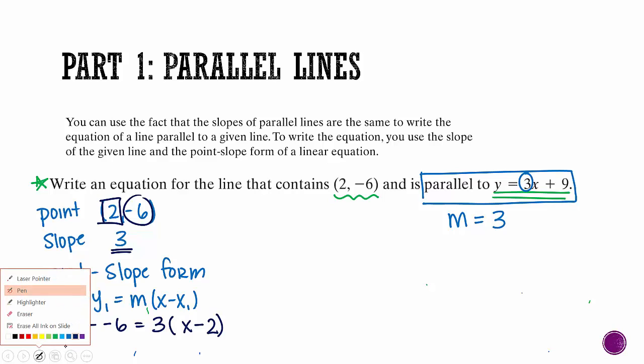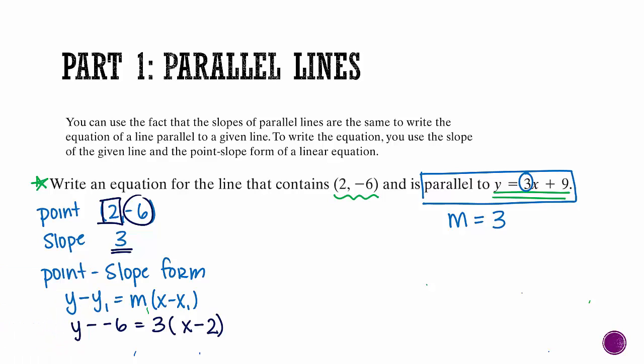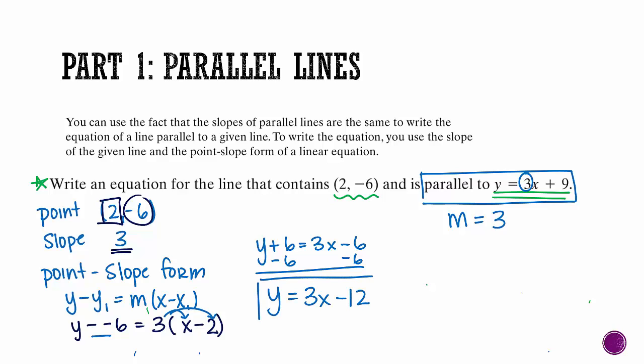Then we have to do some simplifying. This first thing right here, 2 negatives make a positive. And then I can distribute this 3, so I get 3x minus 6. And then all I have to do is move this 6 to the other side, and I end up with an equation that's y equals 3x minus 12.